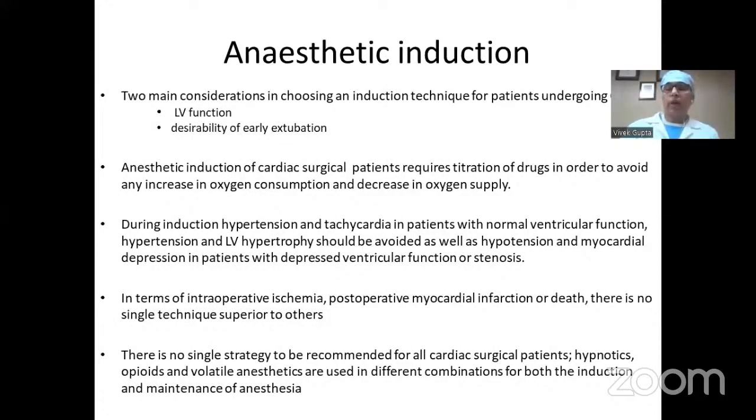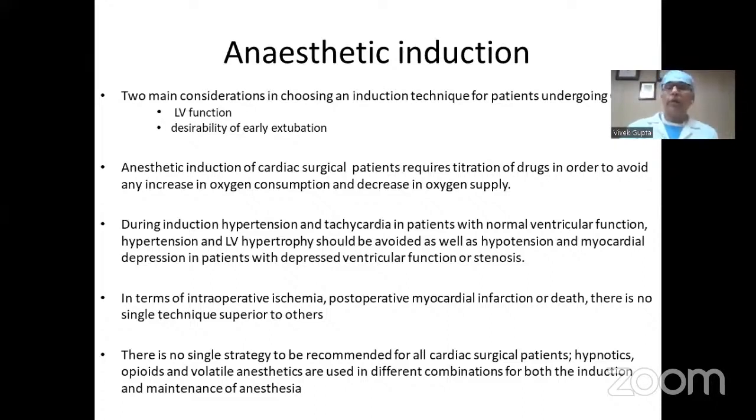So a titrated dose of the induction agent should be administered, irrespective of the type of induction agent. While inducing, we should avoid both hypertension and tachycardia, or hypotension and bradycardia. Both can be detrimental because both will create an imbalance between oxygen supply and demand.